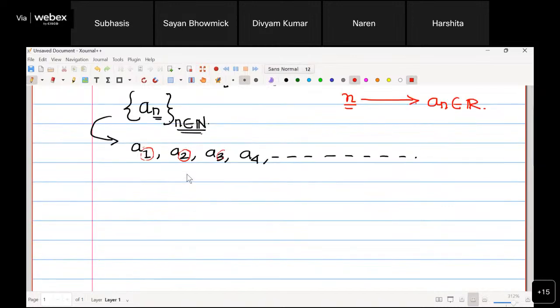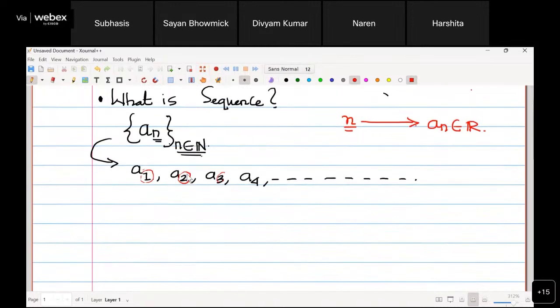In some sense, I am getting a function. So when I say I have a sequence, it is giving me a function from the set of all natural numbers into R.